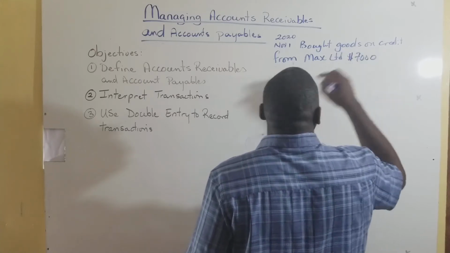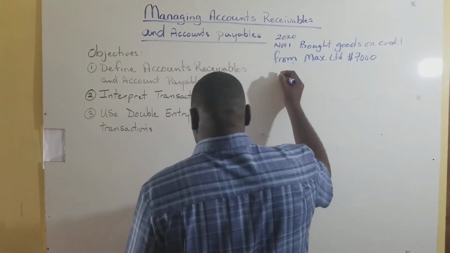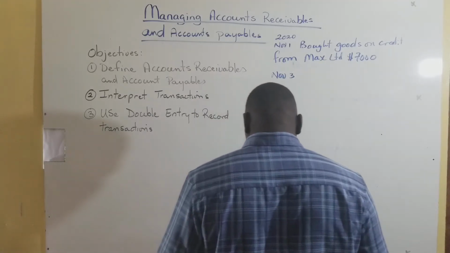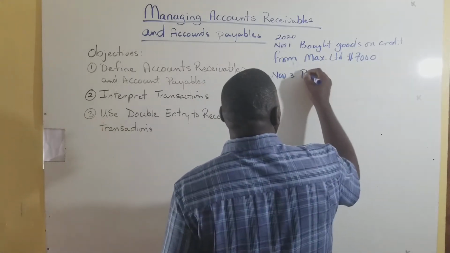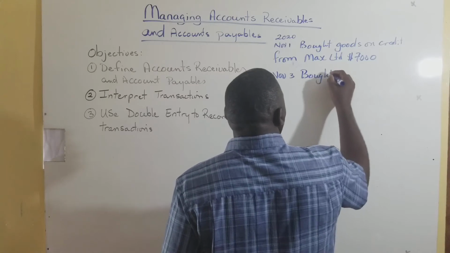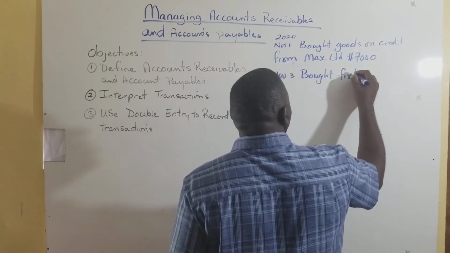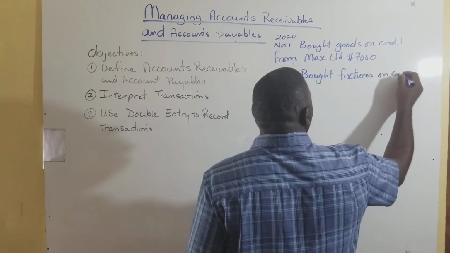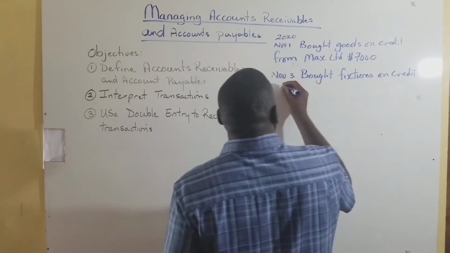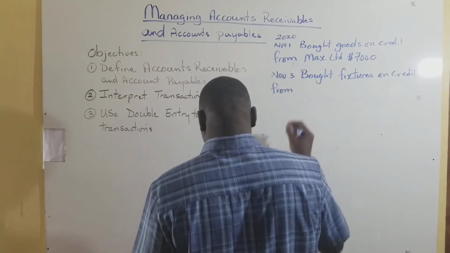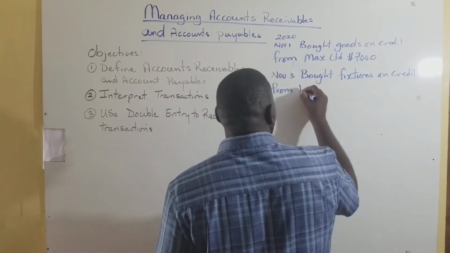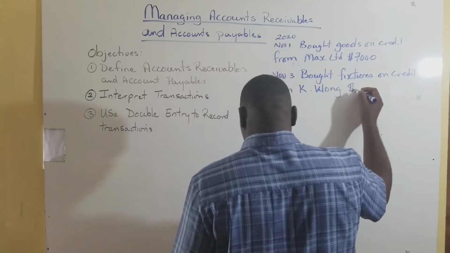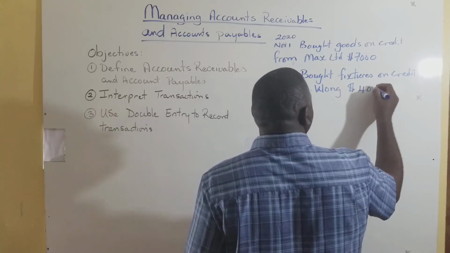And the second transaction, call that November 3. We bought fixtures on credit from K1 for a total of $4,000.